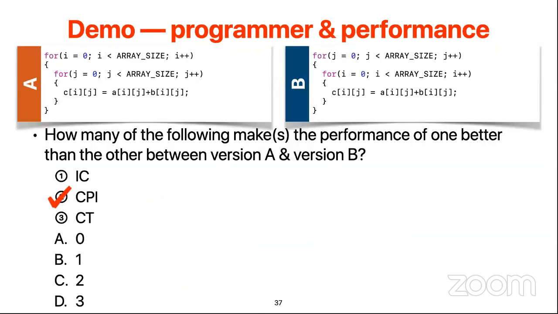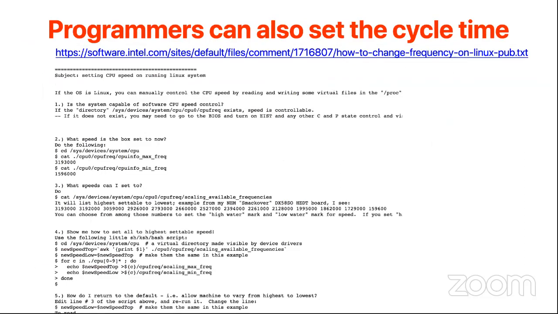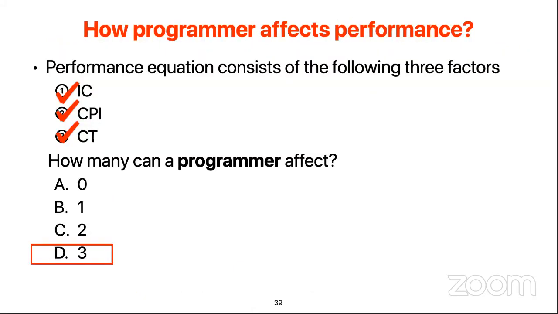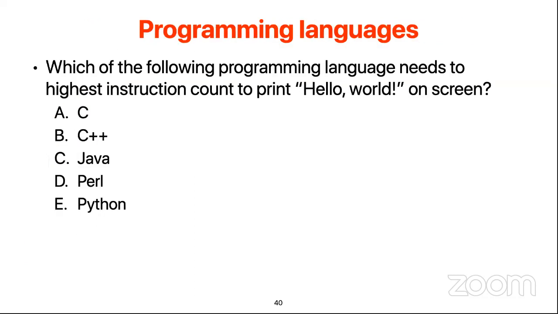And in this way, this example also tells you that the programmer affects the CPI. Not just the CPI, the programmer can also affect the cycle time, which I also showed in a demo in the class, by just using a script. So the programmer can affect everything. And about programming languages, a lot of you spend a lot of time thinking about what's the best programming language.